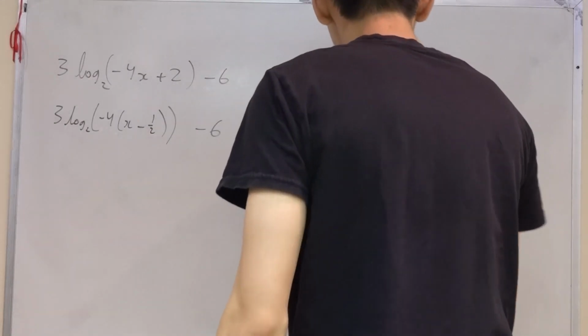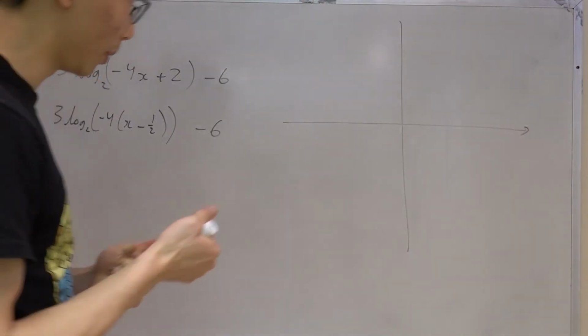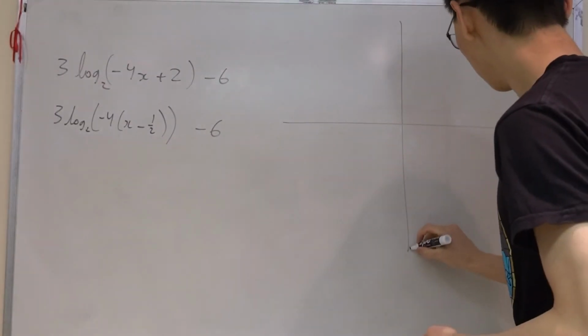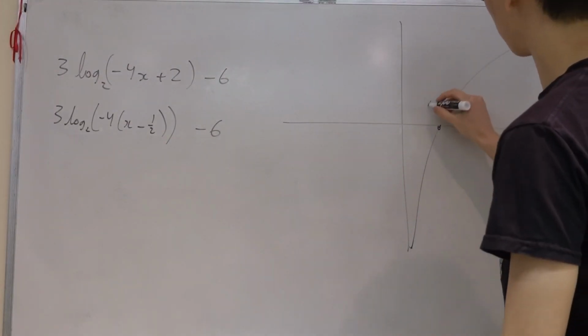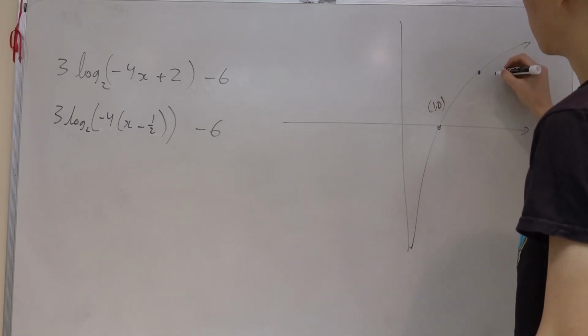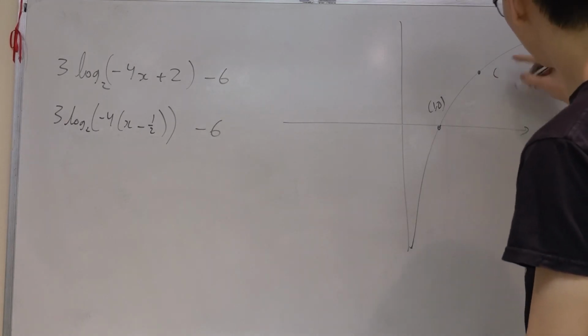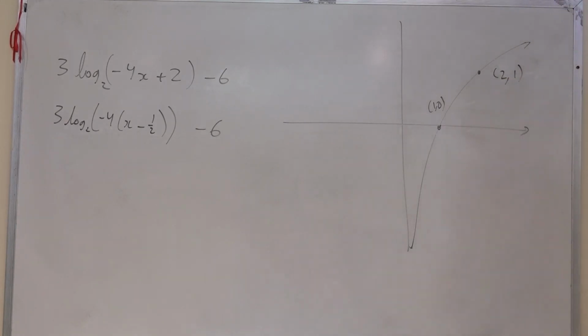Here are my axes. Okay. Drawing the parent graph is not a big deal. You just have to do that. This is, of course, 1, 0. This is, I'll just call it that. We'll call it the point 2, 1. Okay.